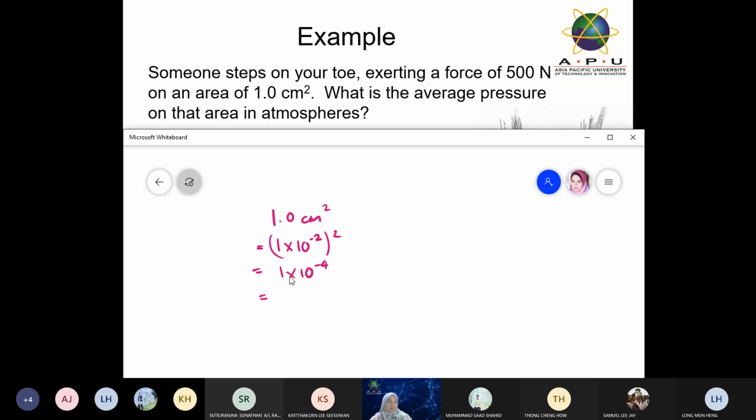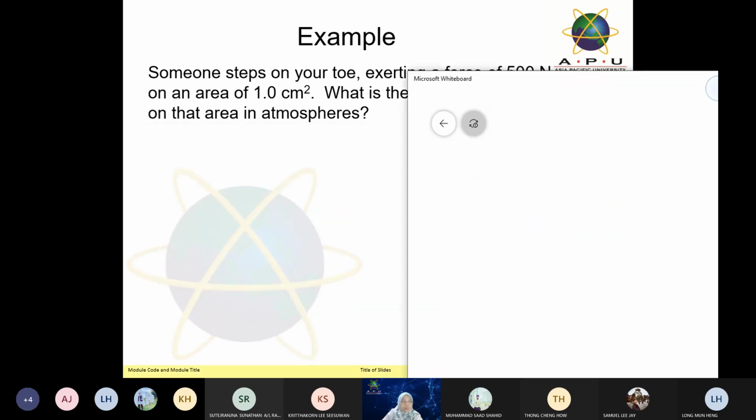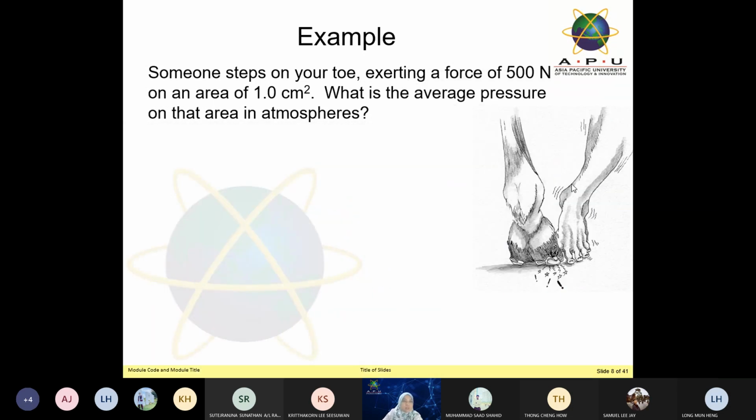Okay, so 0.0001 meter to the power of 2. So need to convert this area to meter square first, then only use it in the calculation.